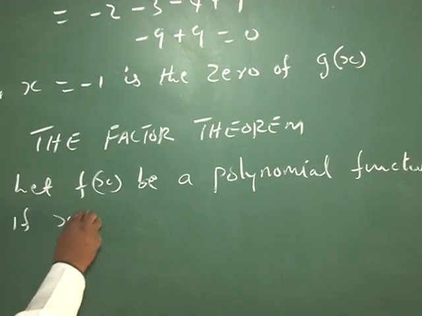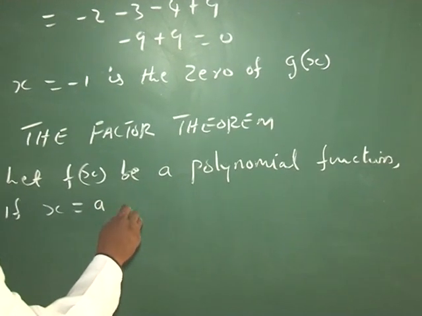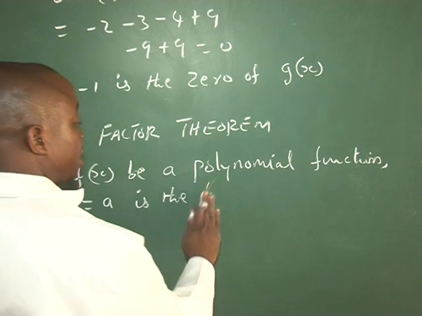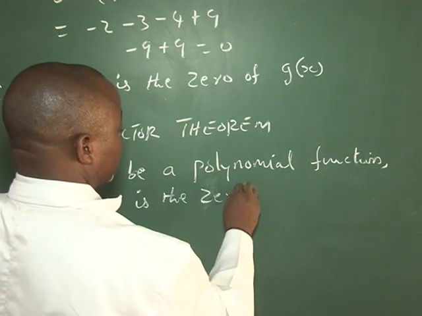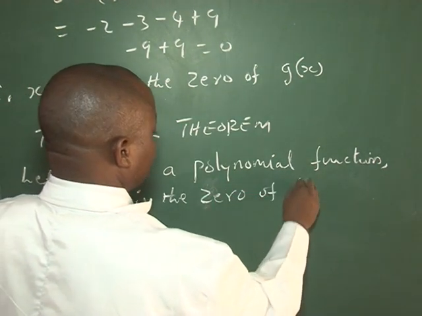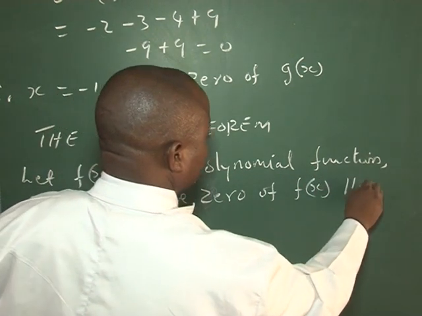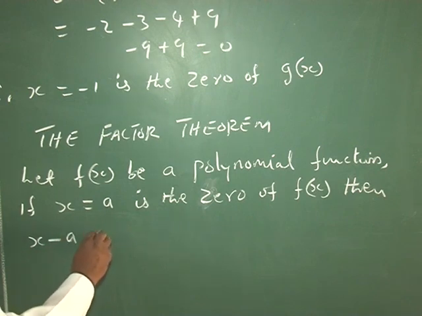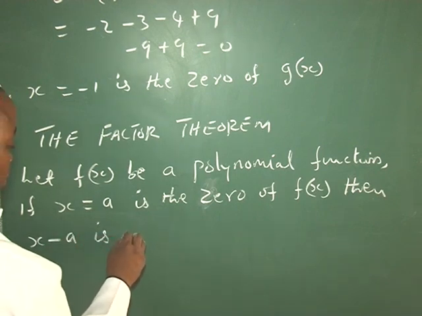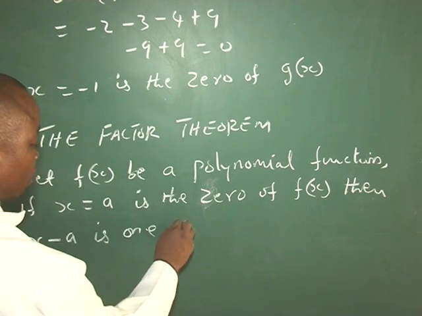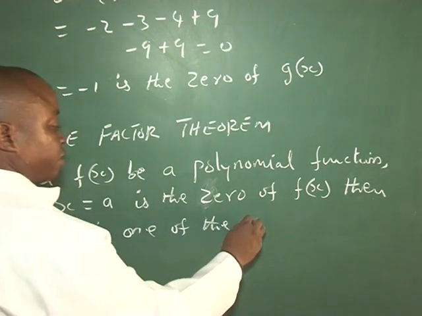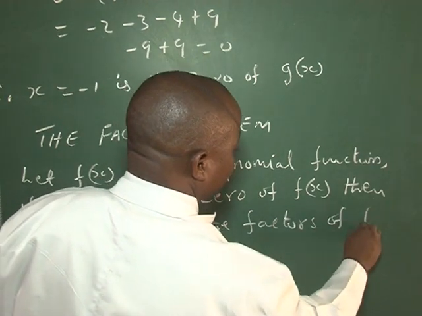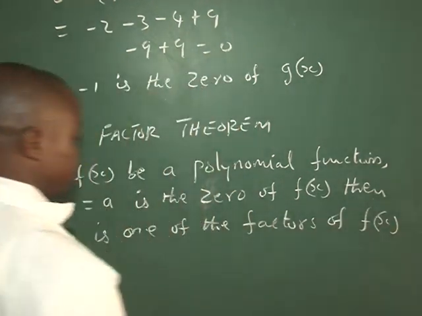If x equals a is the zero of f of x, then x minus a is one of the factors of f of x.